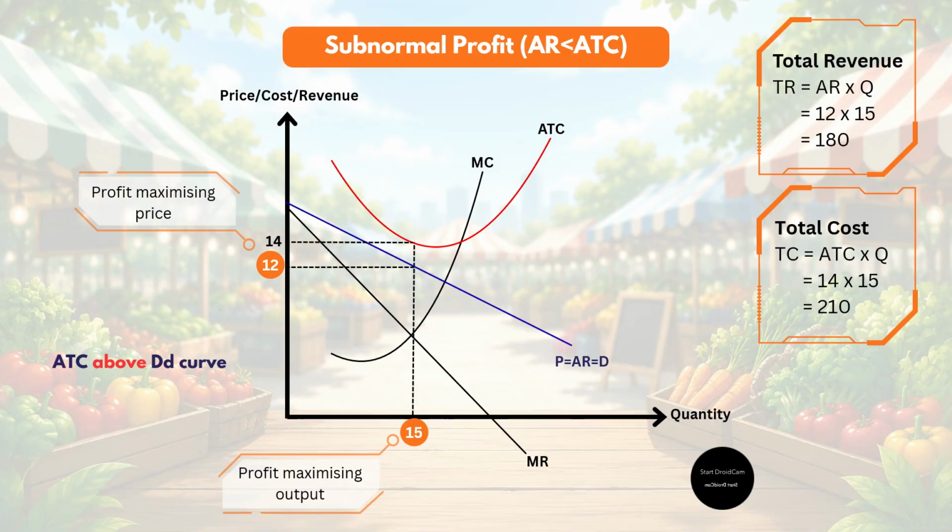Total cost is 14 times 15, which equals 210. Therefore, profit equals 180 minus 210. The result is negative 30. So the firm incurs a loss of 30, or subnormal profit.